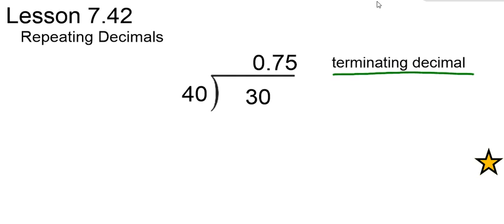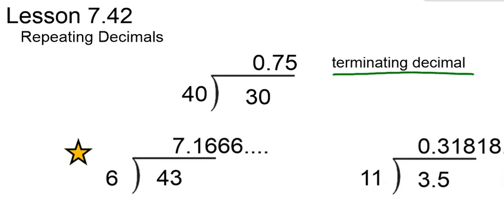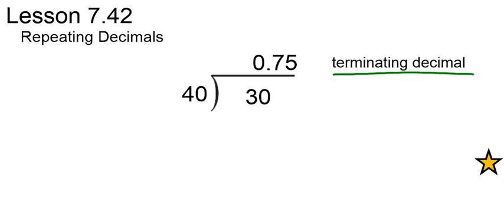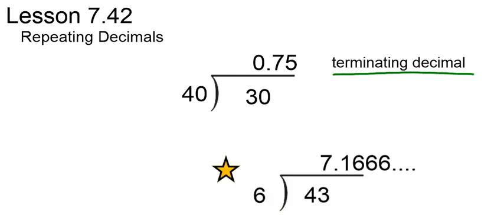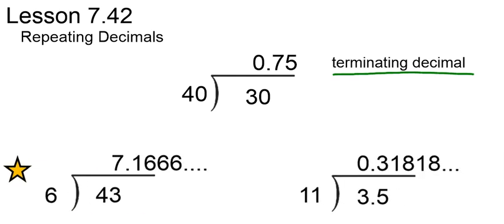While decimals like that are nice and convenient, the fact is they don't always come like that. Sometimes numbers come in very strange looking forms, and they seem to repeat. Very often that's exactly what they're doing.